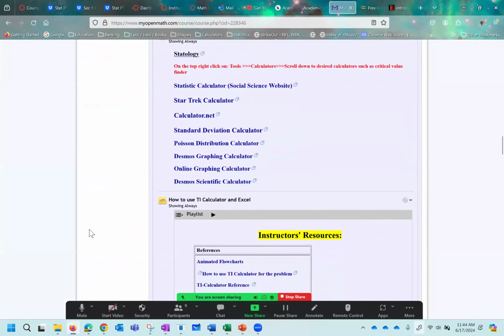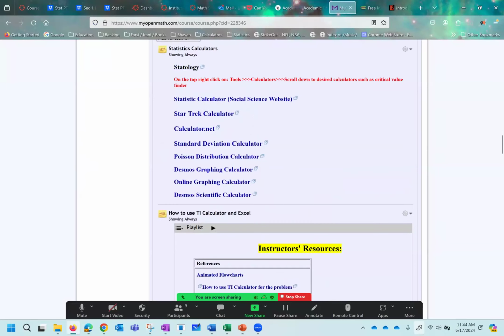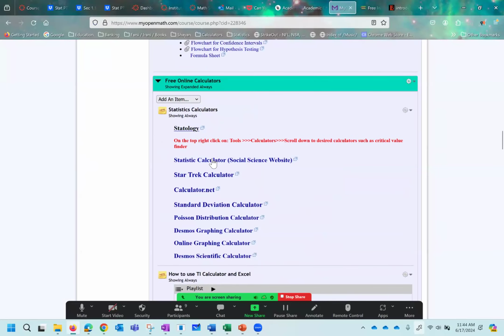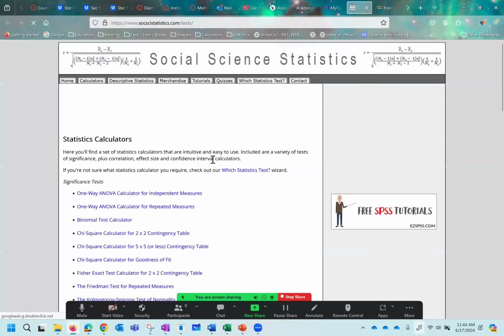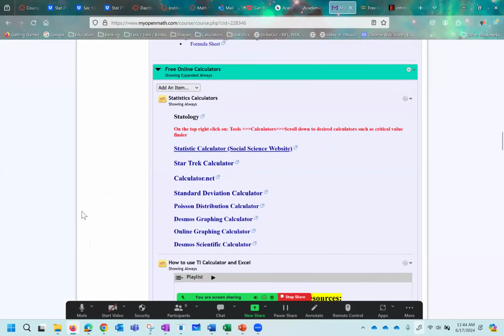Free online calculators. Use the one that works for you the best. This is another one that is popular, social science statistics, okay? You have to find out where you can find the specific calculator that you are looking for. All right.